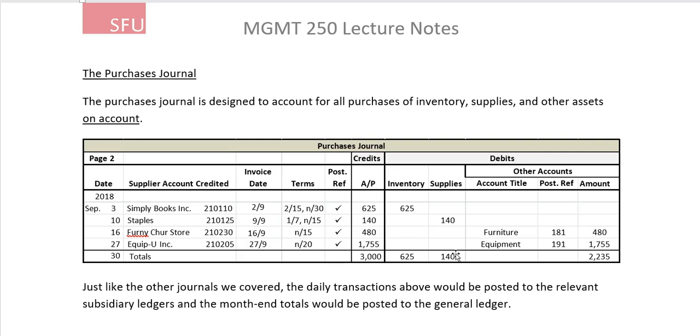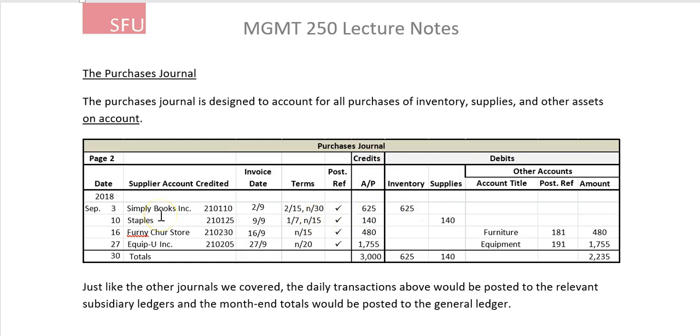If you have a look at some of the things here, we have inventory being purchased, and we have some good details: the terms, the invoice date, and the amount. This is how much we owe. And we also have a really clear indication of where that purchase belongs, right? So debit inventory, credit accounts payable.